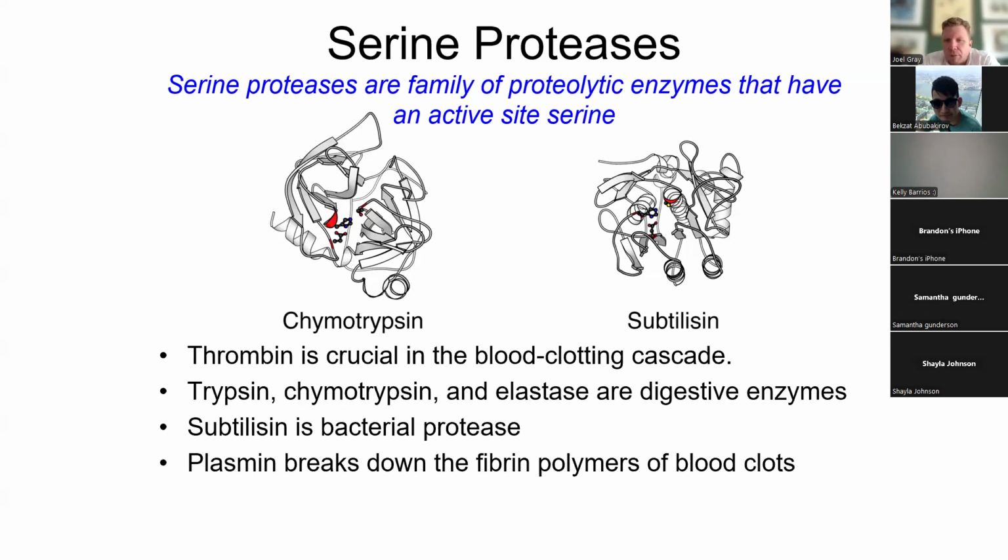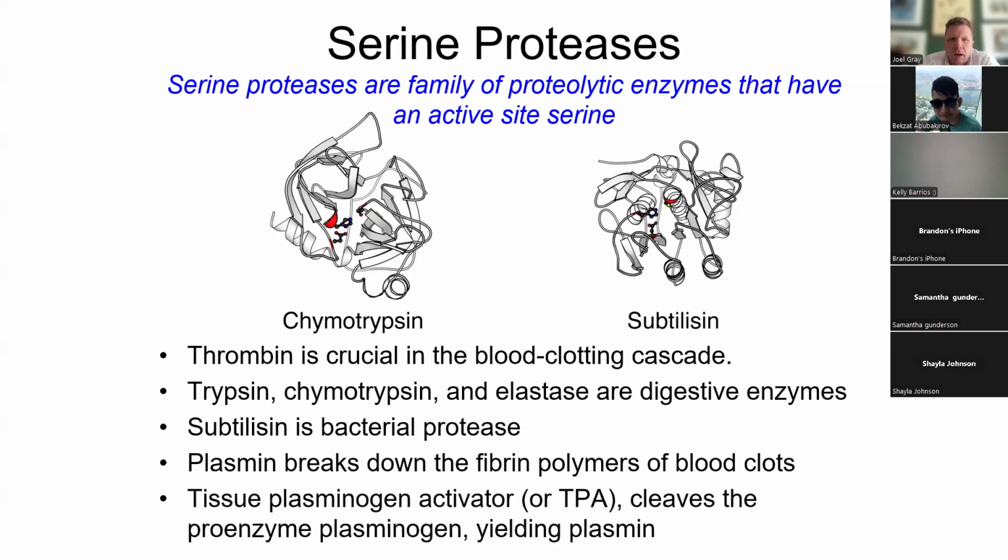Plasmin breaks down the fibrin polymers of blood clots. And tissue plasminogen activator or TPA cleaves the proenzyme plasminogen, yielding plasmin. So if you've ever known someone who has a stroke, the medication that they are administered ideally within the first 3 hours of the injury is TPA or tissue plasminogen activator.